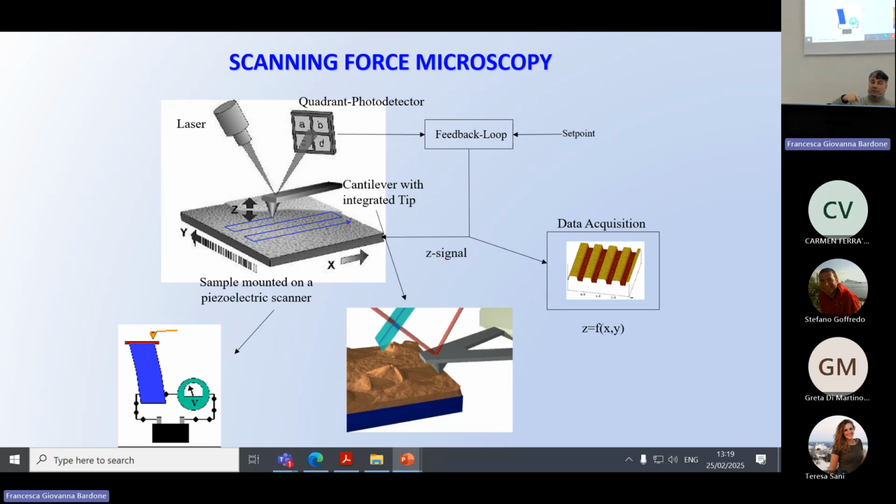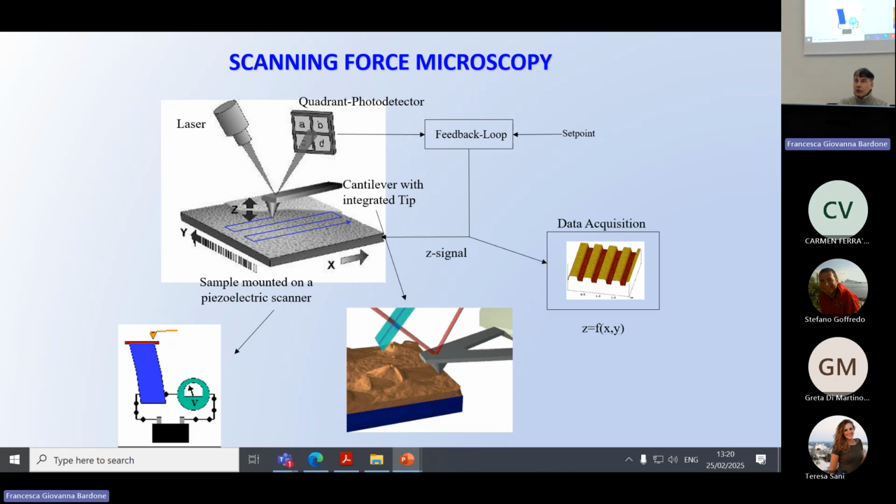So if my tip, my finger, feels the surface, and the surface has a different friction coefficient, you have a different torsion as a function of friction. You can measure the friction properties at the nanoscale, but you can also measure the attraction or the repulsion.